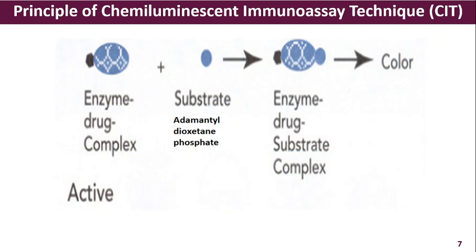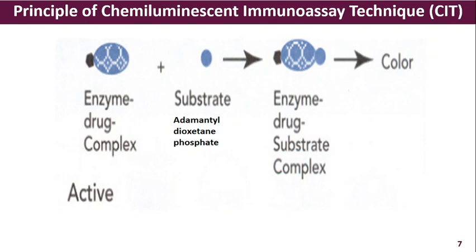similar to EMIT, the drug molecule is complexed with the enzyme. As I said, the luminescent substrate is adamantyl dioxetane phosphate. Therefore, the enzyme to be used here is alkaline phosphatase. Alkaline phosphatase is conjugated with the drug molecule.